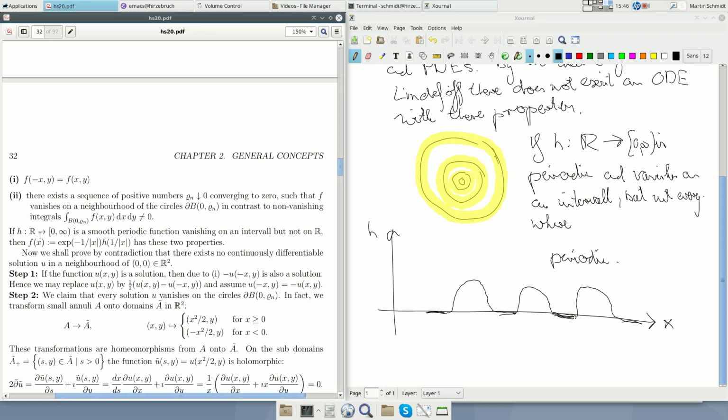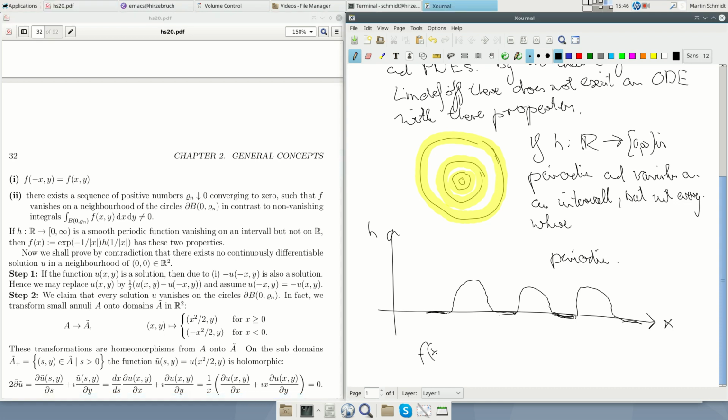Now if we take f of x equal to exp of minus 1 over the absolute value of x, times h of 1 over the absolute value of x, then this function has this property. First observe that since h is periodic, at 0 there accumulate such periods.